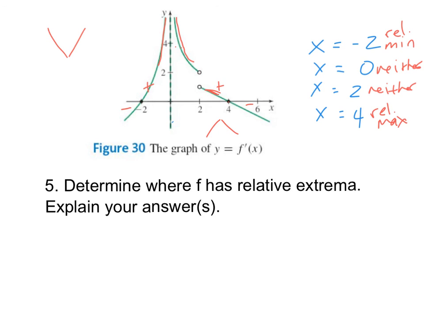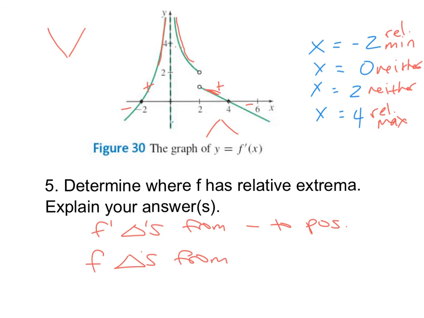Now be careful. You can say f prime changes from negative to positive, or you can say f changes from decreasing to increasing. But don't confuse the two, because if you said f prime is changing from decreasing to increasing, that would be wrong, because that's not the explanation.